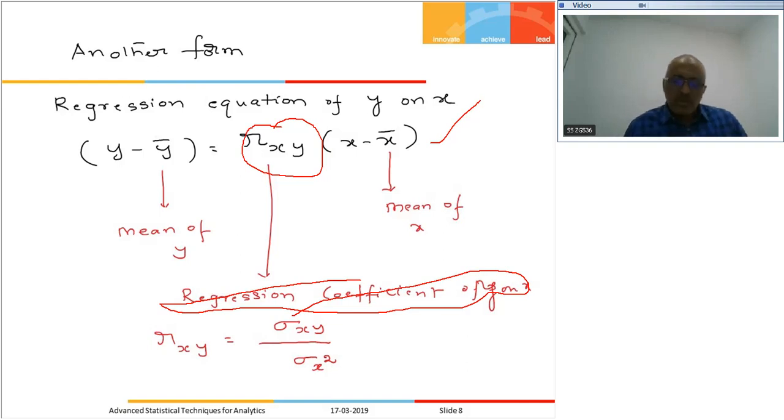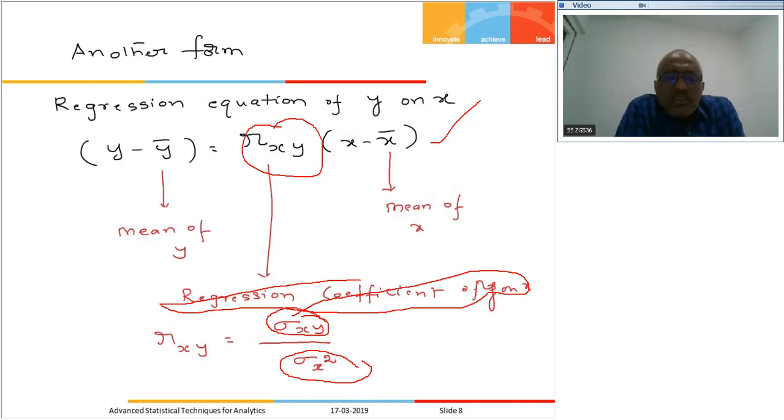If you remember, what is this? This is nothing but our covariance: covariance of xy, and this is the variance of x. The summation of x minus x bar into y minus y bar is the covariance of x and y. This is one form of the regression equation.